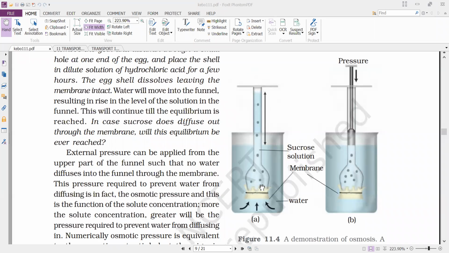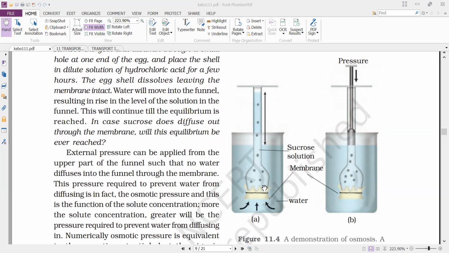In the same manner, the water enters through the semipermeable membrane placed at the broad end of the thistle funnel, and through that membrane the water enters into the thistle funnel from the beaker.